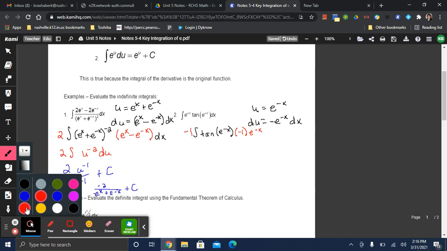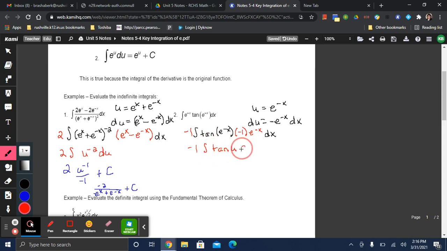That would make, when I put the dx with it, that would make my du. So what I'm really integrating then is -1 with the integral of the tangent of u and then du.